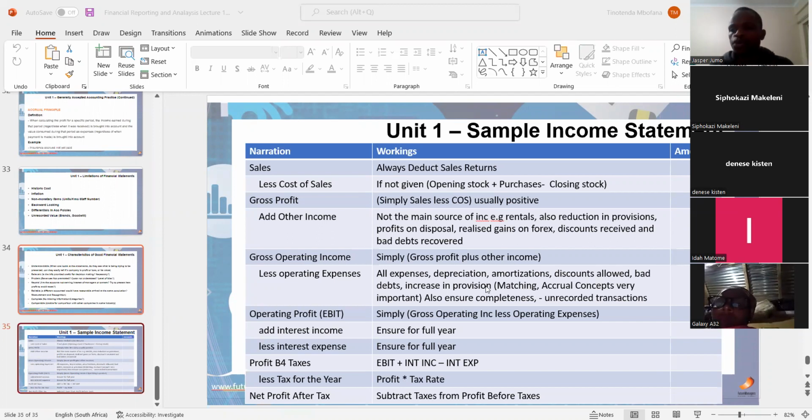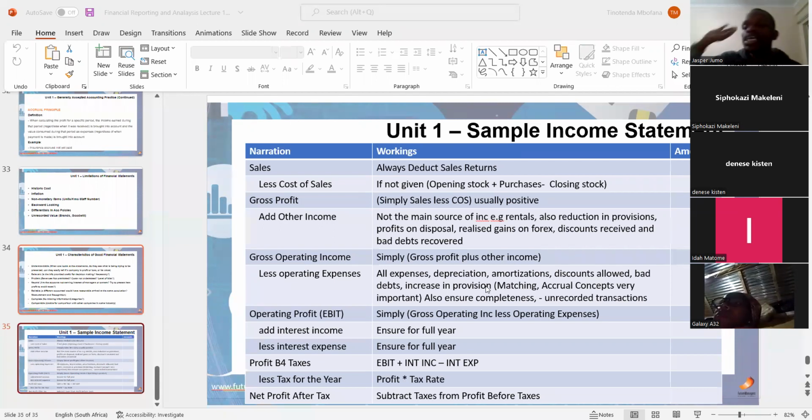Then after the gross profit, you're now asking yourself, was there any other money that I received as a business? So for example, let's say you're Incredible Connection. Maybe you've got a building where you are selling your laptops from, but it is too big for you to use. So you're only using one small part of the building. And then you go to ShopRite and say, look, guys, we've got some space. If you want, you can take the space and sell your tomatoes and whatnot on the other corner.